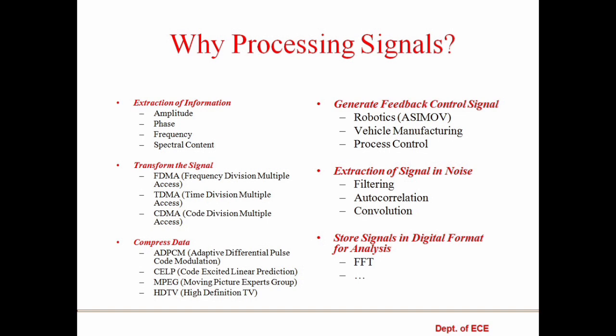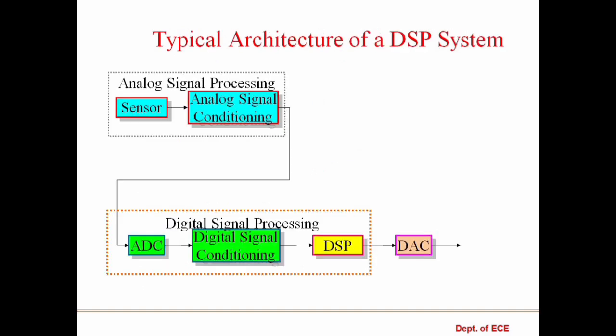The next one is about the typical architecture of a DSP system. What is the basic architecture we are using in a system? One is the analog signal processing, and the second one is digital signal processing. Under analog signal processing, initially we have a sensor. The sensor senses the input value, and the input value is given to the analog signal conditioning. After all the processing, it is given to the digital signal processing, where the first step is the ADC.